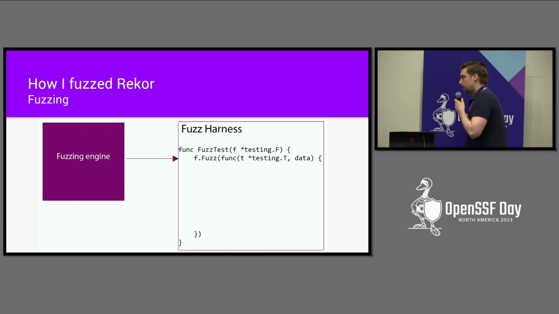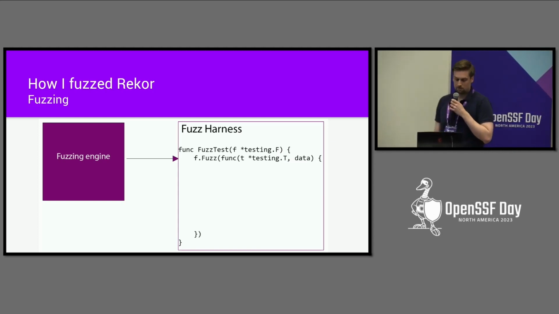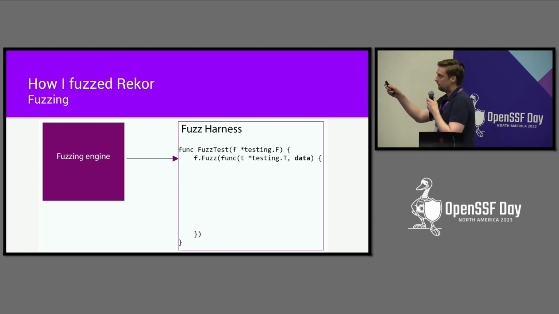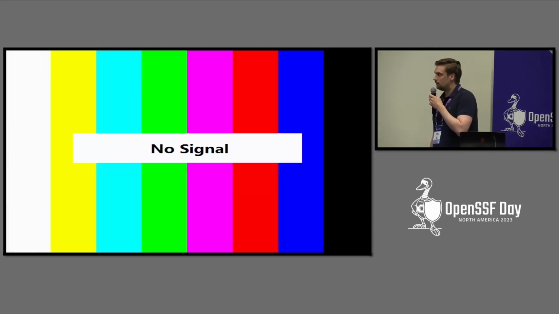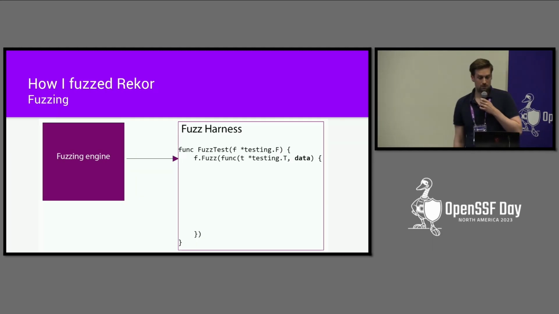Rekor is implemented in the Golang programming language, and I've put up here a scaffold of a fuzz test for Golang. So the fuzzing engine makes the pseudo-random data available to us in the function signature here.